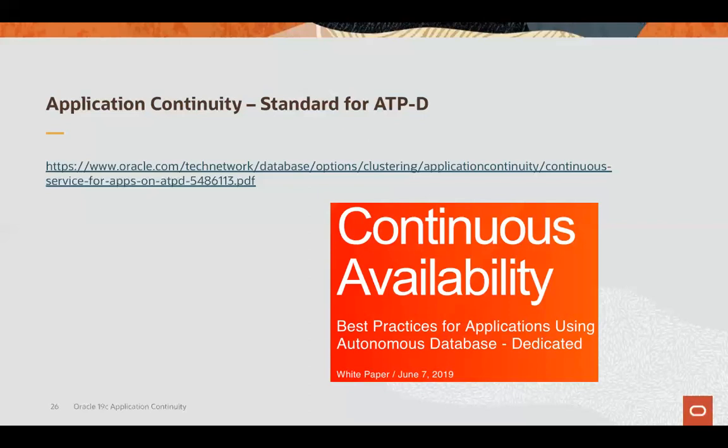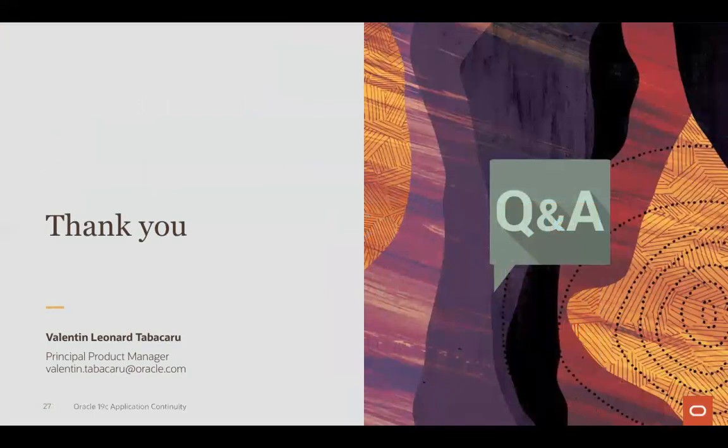You will also be able to test a failure: you will bring down or kill one of the services on the database side, and you will see how the application reacts with application continuity enabled, and also with it disabled. You will see the experience the end user will have with application continuity on Autonomous Transaction Processing database.